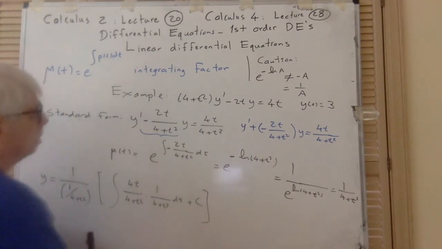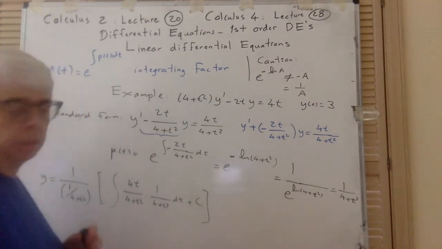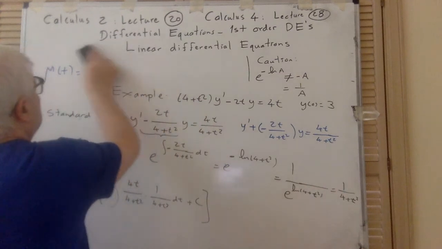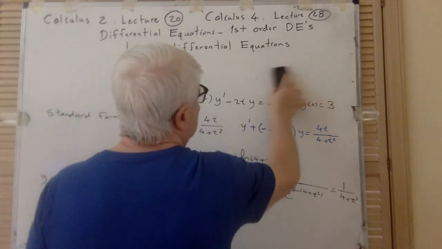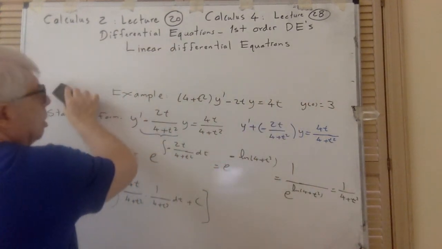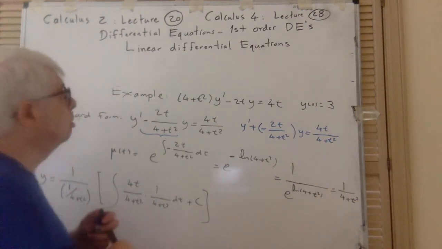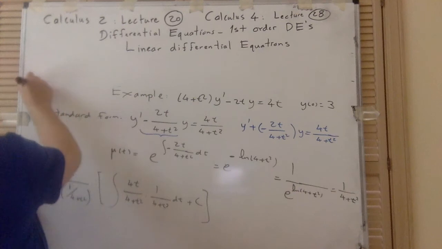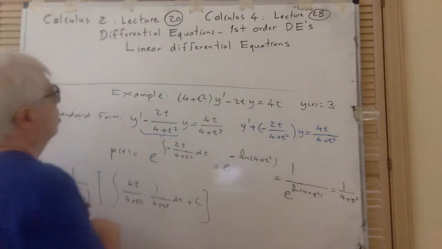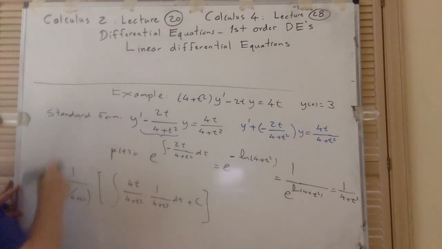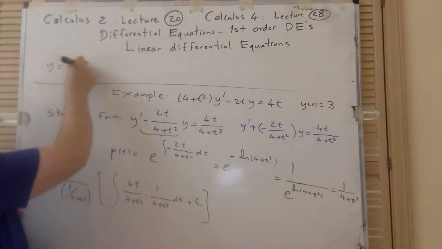Okay? So, I don't have enough space here, but I can write here. This just flips, so I have 4 plus t squared.